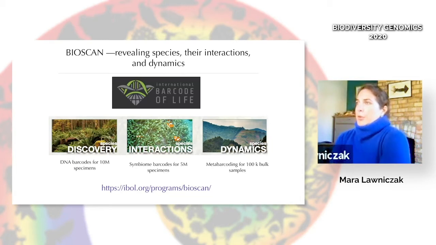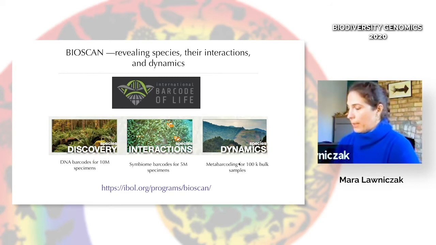It's aiming to use targeted amplicon sequencing also, but focused on the plastid genomes at huge scale of species from across the whole world. This is meant to do new DNA barcoding for 10 million specimens, Symbiom barcoding for 5 million specimens, and metabarcoding for bulk specimens. You can read more about it at that link.